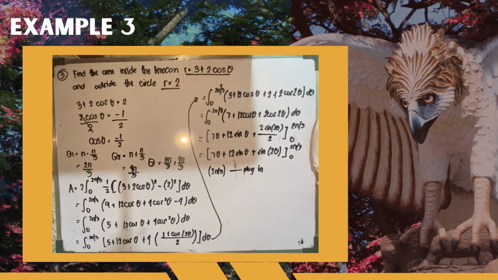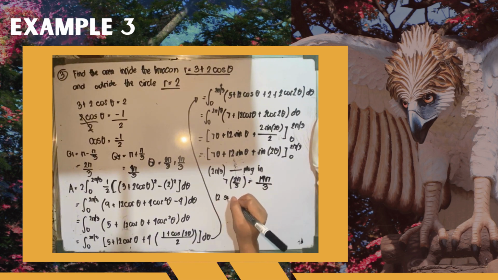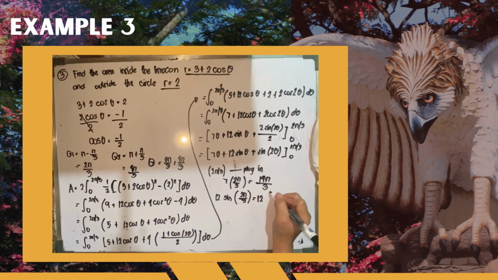So, 7 times 2 pi over 3 is equal to 14 pi over 3. 12 sine of 2 pi over 3 is equal to 12 square root of 3 over 2, which is 6 square root of 3.